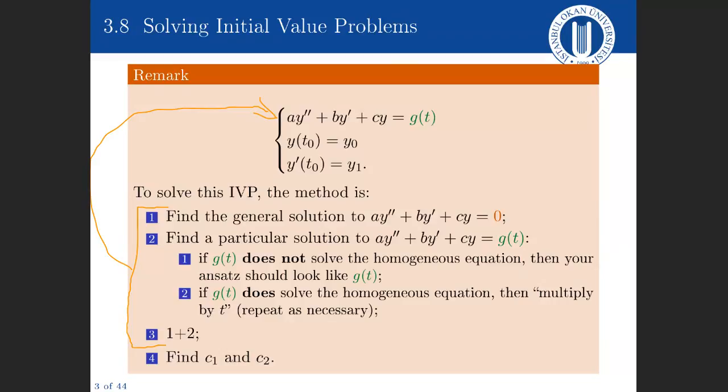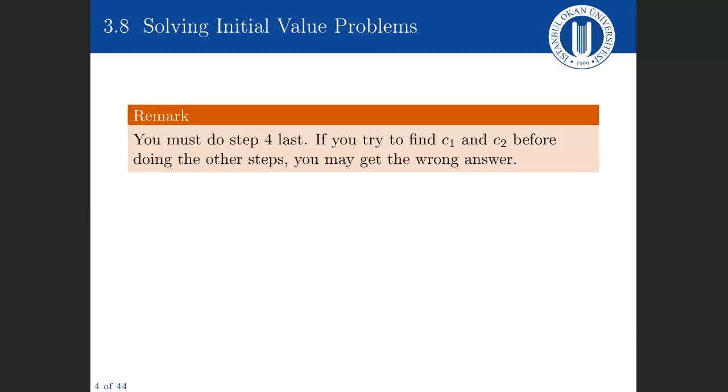And then only after we've done that do we look at the initial conditions and use them to find C1 and C2. We need to do step 4 last. We need to get our general solution first before we start finding C1 and C2. If we do these steps in a different order, we might get the wrong answer.